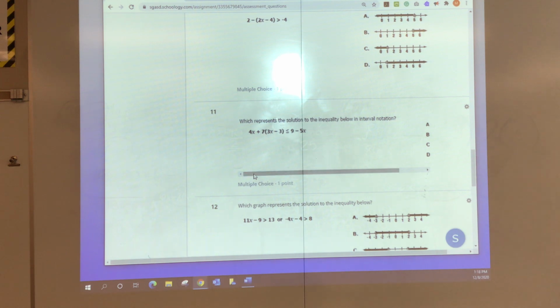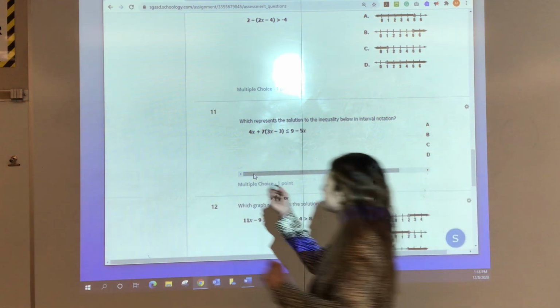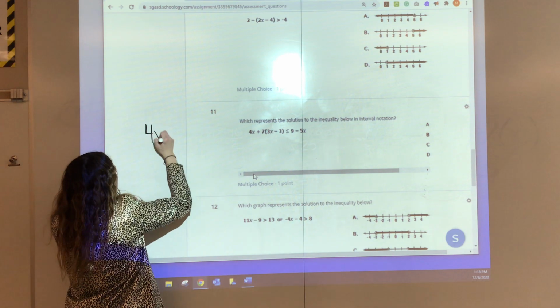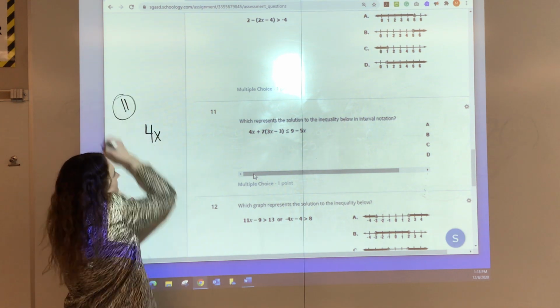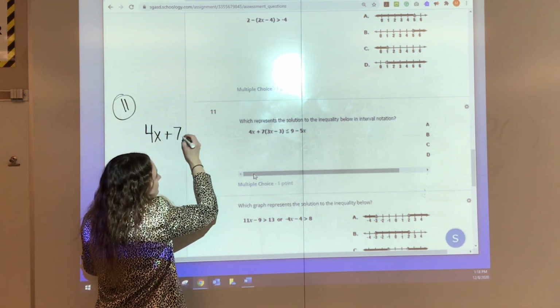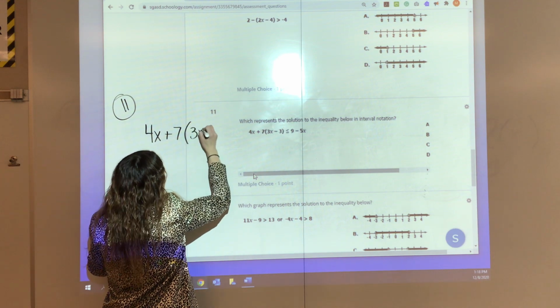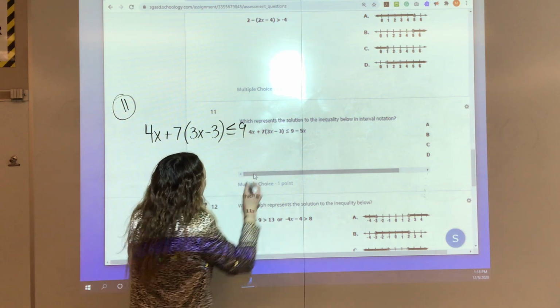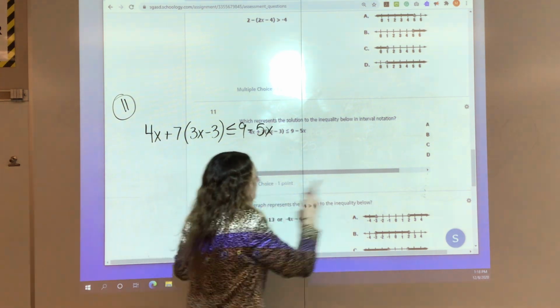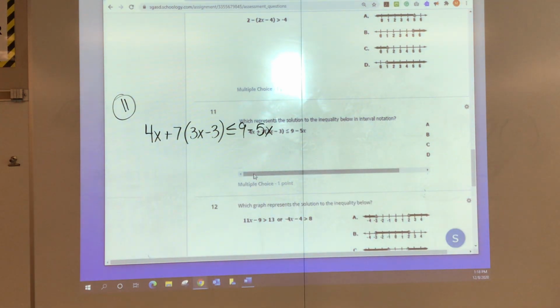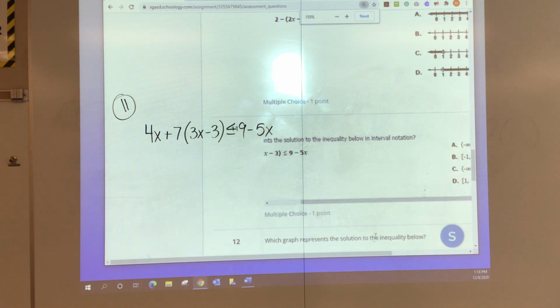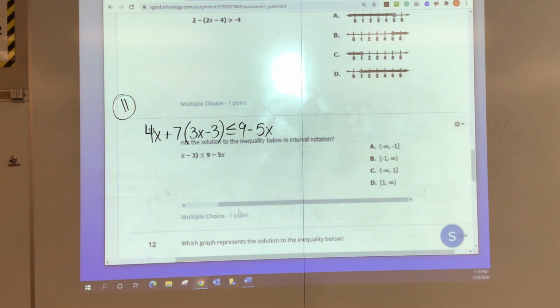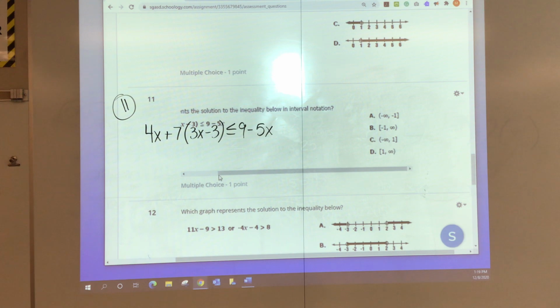We'll have to write that and then look at our interval notation. And they're looking for the interval notation here, so I'll slide it over so that we can reference it once we solve. All right.